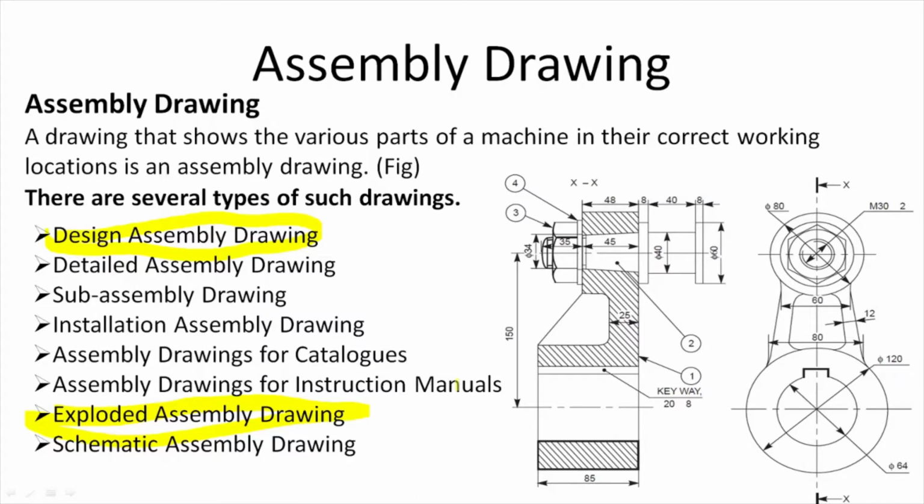The schematic representation of the unit facilitates easy understanding of its operating principle. For example, if you want to assemble, they will give some numberings 1, 2, 3, 4, 5, 6, and based on those numberings you need to go for assembly. That is a schematic assembly drawing.